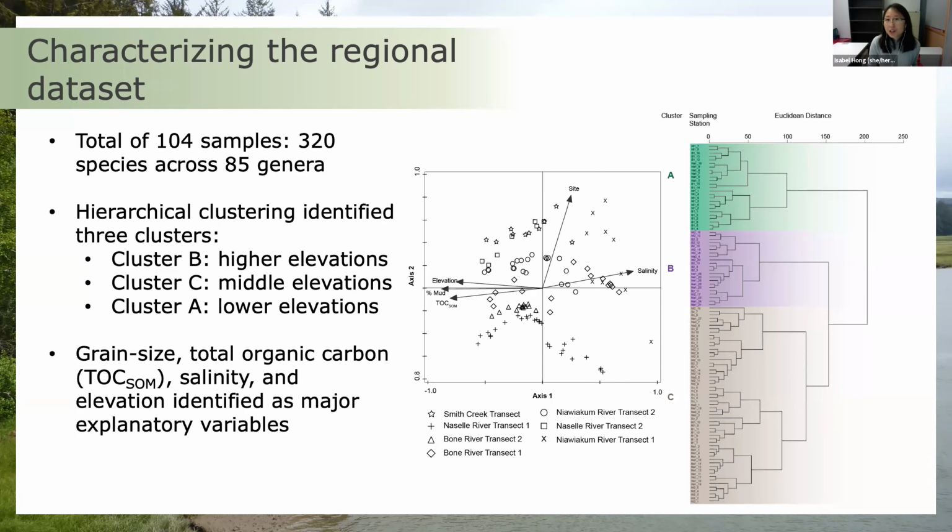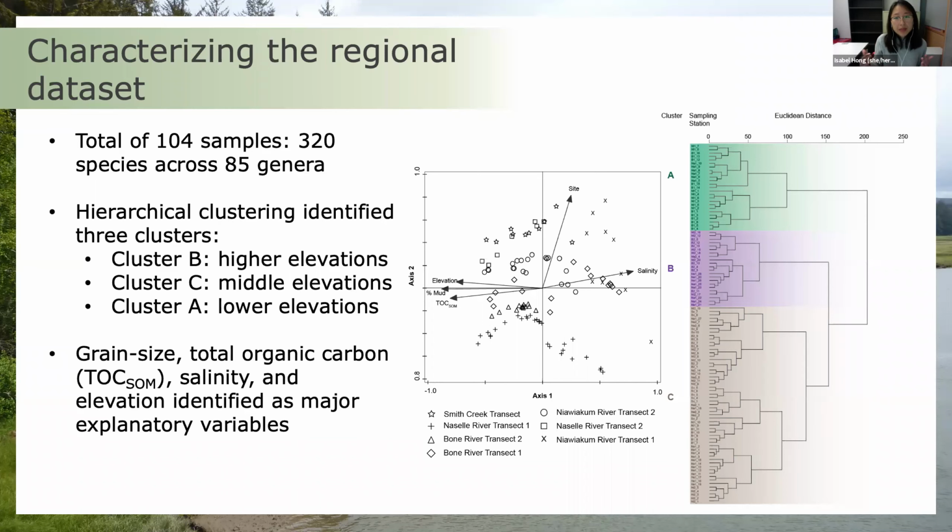Cluster B, here shown as the purple cluster, tended to capture the higher elevation samples, whereas cluster A, the green cluster here, tended to capture the lower elevation samples, and then cluster C captured the middle elevation samples. But what we found is that there was a lot of overlap in the sampling stations relative to elevation with these clusters.